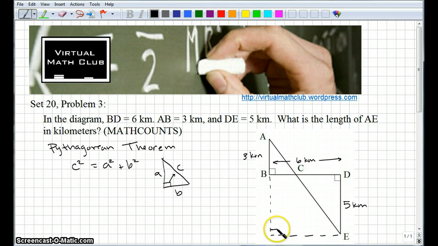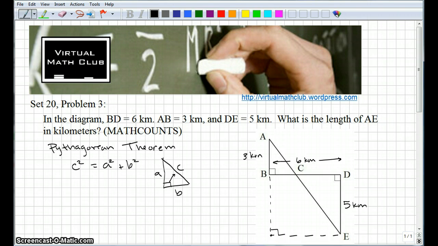That way I get a right angle here. And now you can see another right triangle here. It goes from A to E to this new right angle.